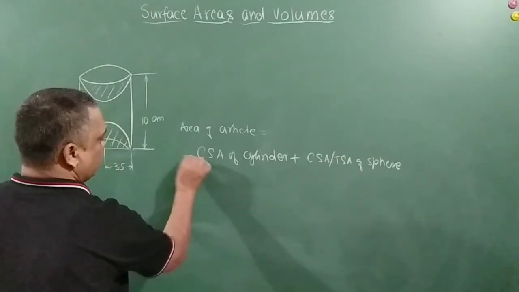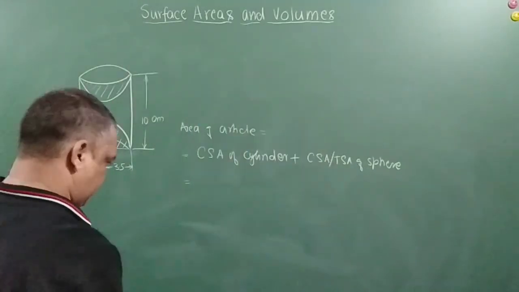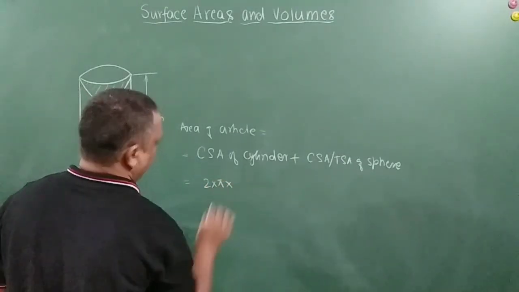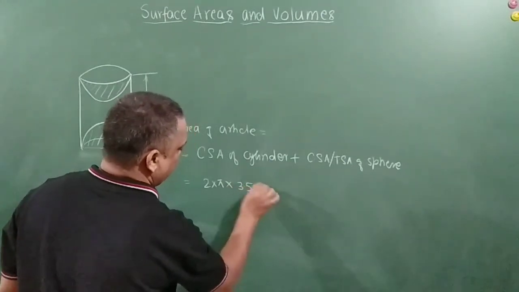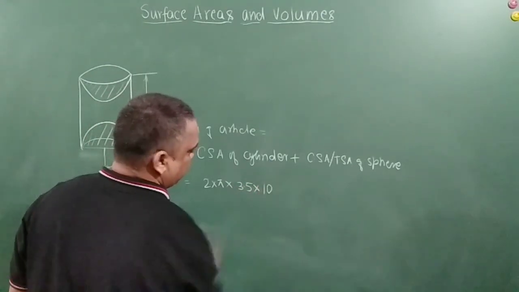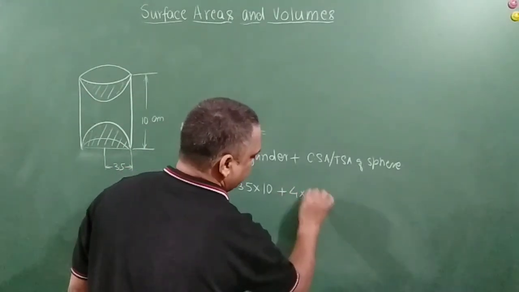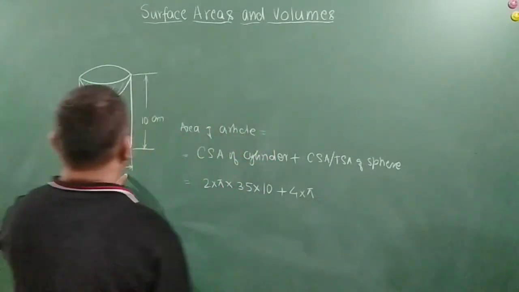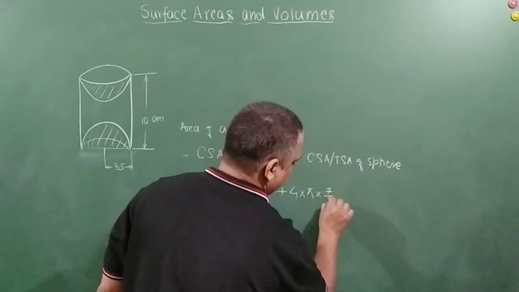Right. So curved surface area of cylinder is 2 pi r h, that is 2 into pi into r, nothing but 3.5, into h, nothing but 10, right, plus 4 into pi into r square, nothing but 3.5. So I will represent 3.5 as 7 by 2 for our understanding.